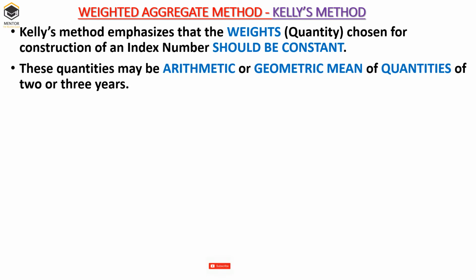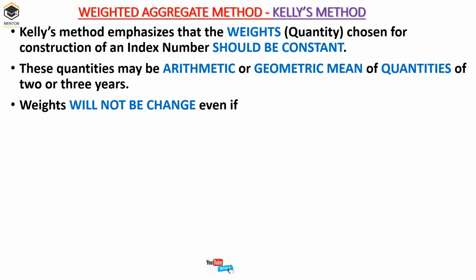Weights will not be changed even if there is a change in the base year. If we change the base year also, the weights will remain the same or constant.